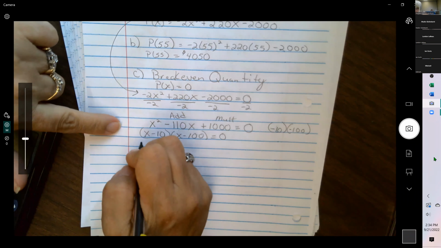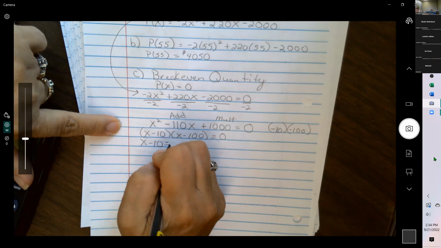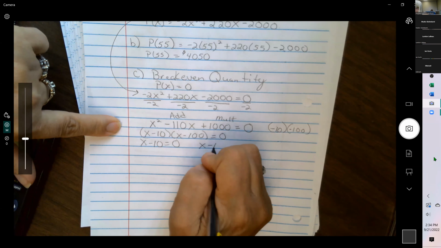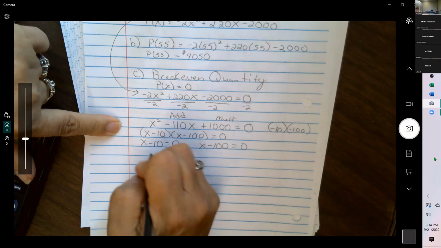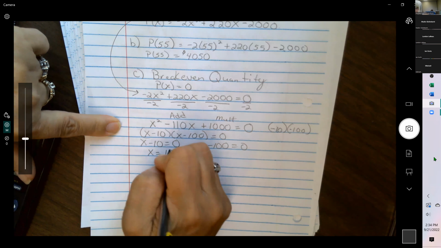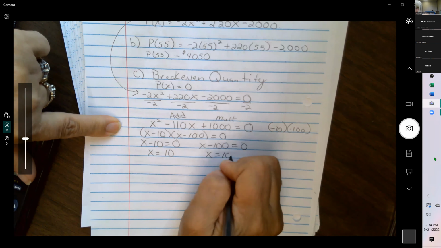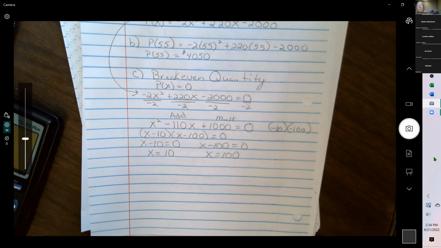Set them both equal to 0. And we're getting 10 and we're getting 100.